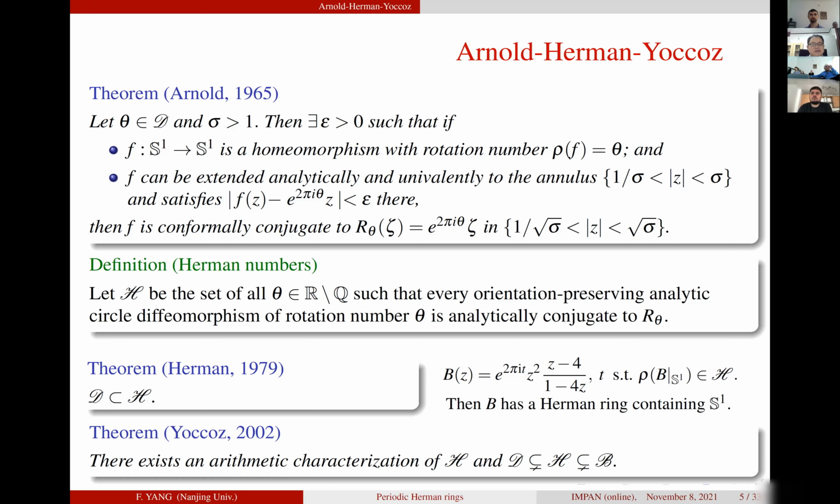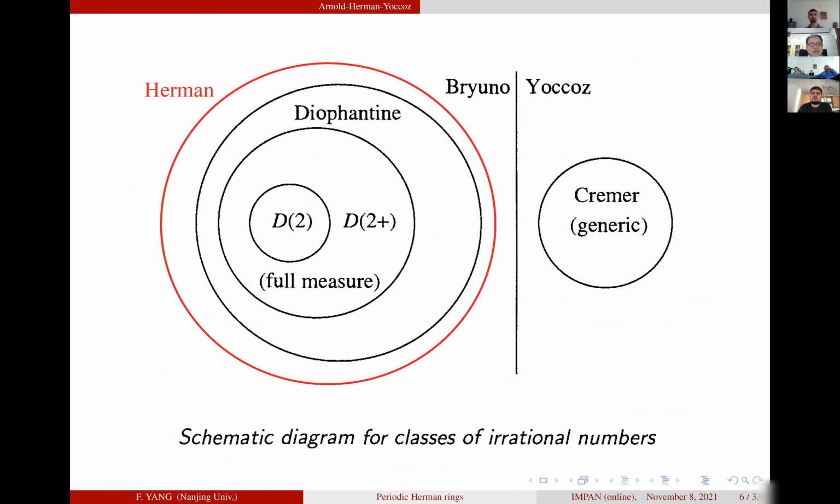Okay, we can give a schematic diagram for the classes of irrational numbers. We can see D2 is the bounded type numbers. It has zero measure. D2 plus is the intersection of all D kappa with kappa greater than 2. It has full measure, and it is contained in the Diophantine numbers.